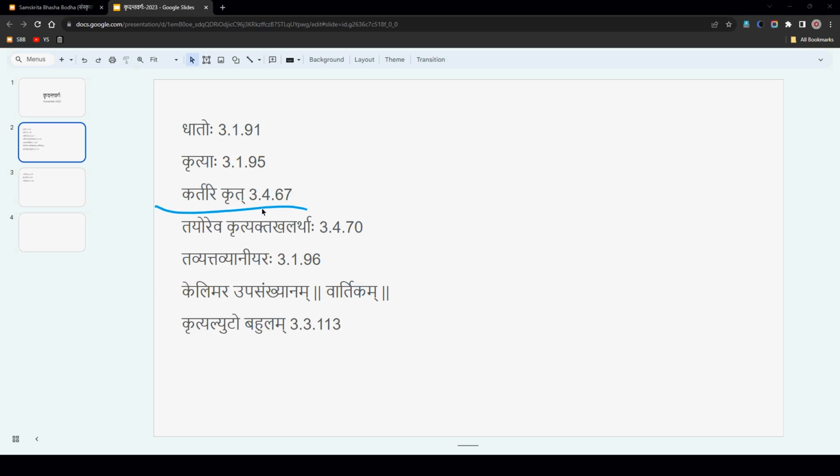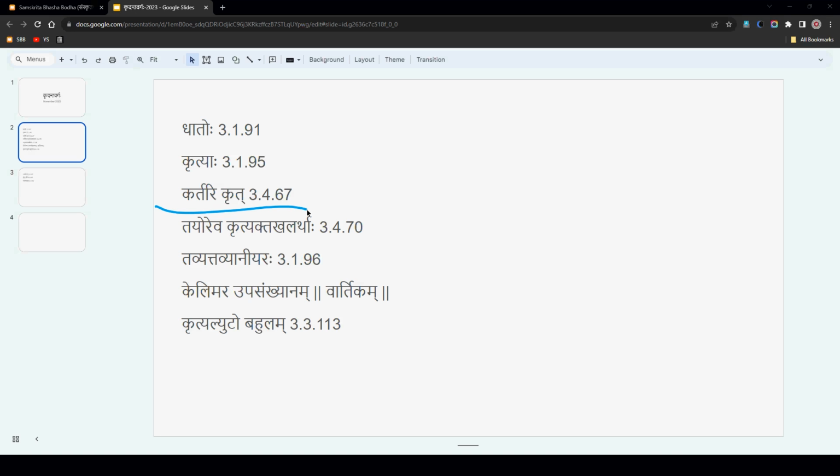Now Kartari Krut says that Krut Pratyayas are used in the Kartari sense, Kartari Prayoga. What is the Kartari Prayoga? How many Prayogas do we know?